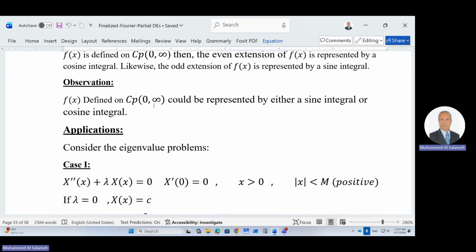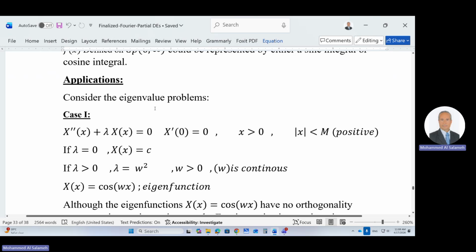If it is defined from 0 to infinity, then if you assume it is even, use the cosine term. If it is odd, use the sine term. If it is defined from minus to plus infinity, then both sine and cosine will appear, if it is not even or odd.